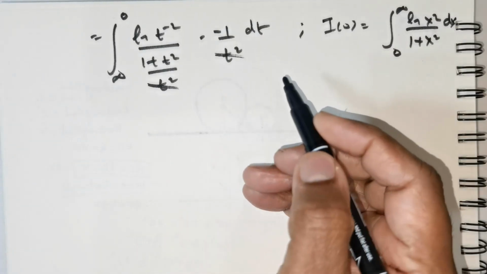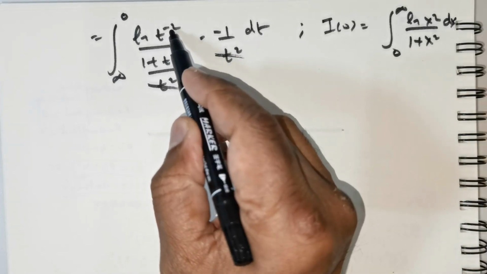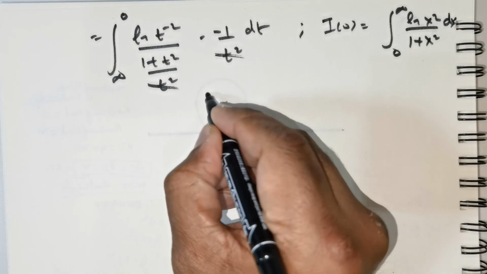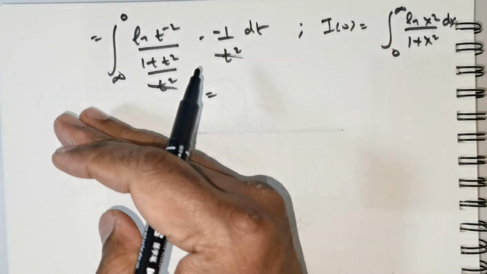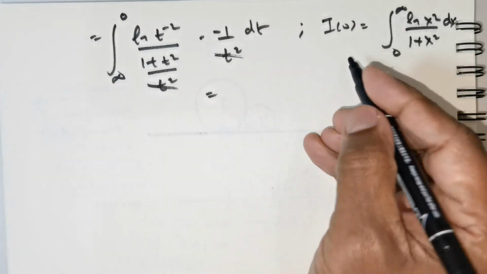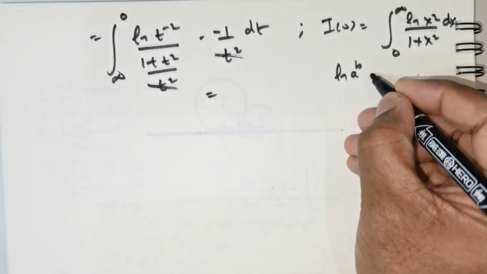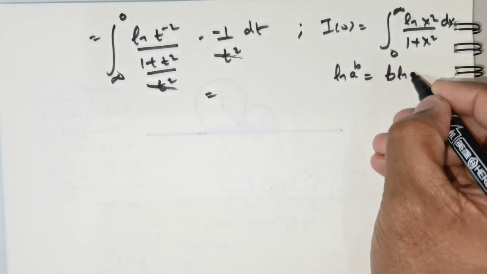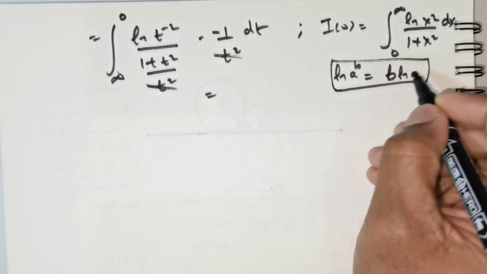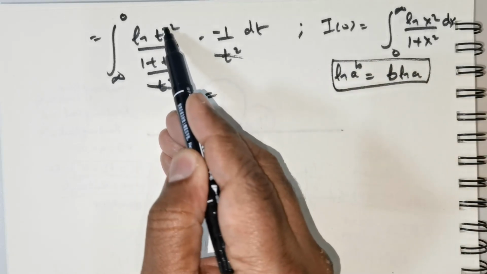So t² can be cancelled. Now I've got ln of t raised to the power of negative 2. I would like to retain the 2 there, but push the negative sign down. If I have something like ln a raised to the power of b, then I can rewrite this as b times ln a. I can very well do that. But in this case, I would just like to extract this negative sign.